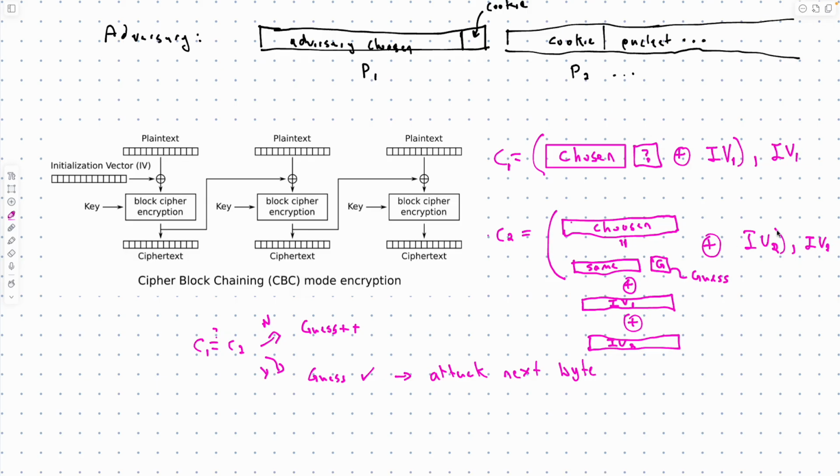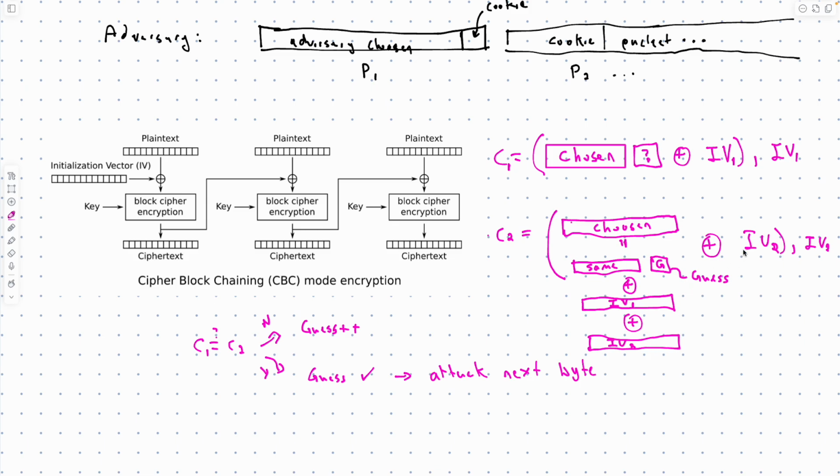And IV2, I shouldn't know what it is until the browser invents it. I should have to hand the plain text to the browser, then the browser chooses IV2. The flaw here is that I know ahead of time what it is. It's like the last block of this or something like that. It doesn't really matter why I know it, I know it. So I'm able to XOR it into the thing that I'm asking the browser to encrypt.